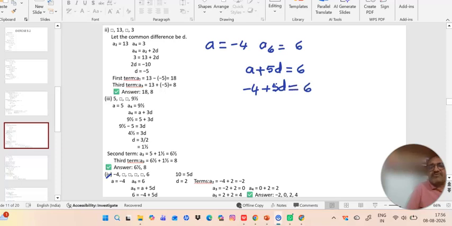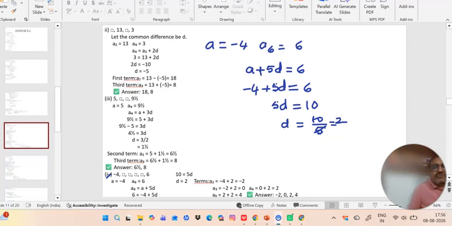Minus 4, if we send it to this side, it becomes plus 4. So 5d is equal to 6 plus 4 means 10, whereas d is equal to 10 by 5. 5 ones are 5, 5 twos are 10. So d is equal to 2.